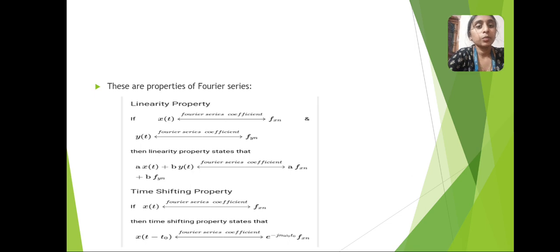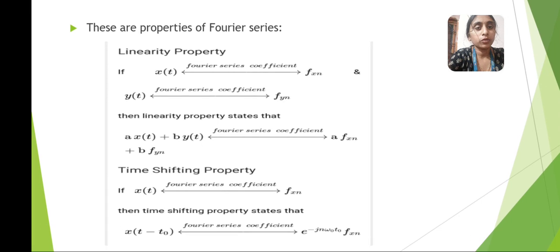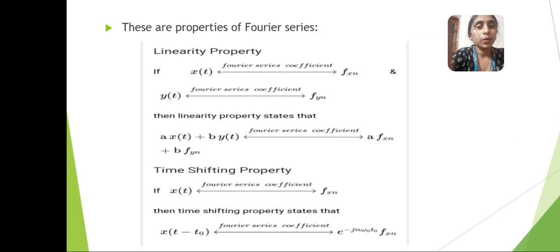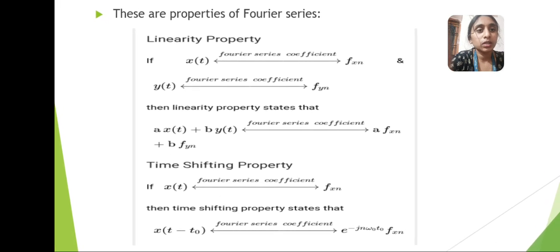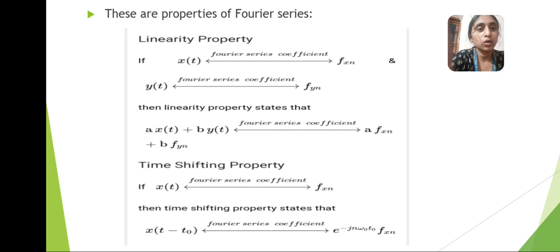Let us know some properties of the Fourier series. Linear property: where x of t has Fourier series coefficient, and y of t has Fourier series coefficient, then the linear property states that a of x of t plus b of y of t gives a times the coefficient of x of t plus b times the coefficient of y of t.